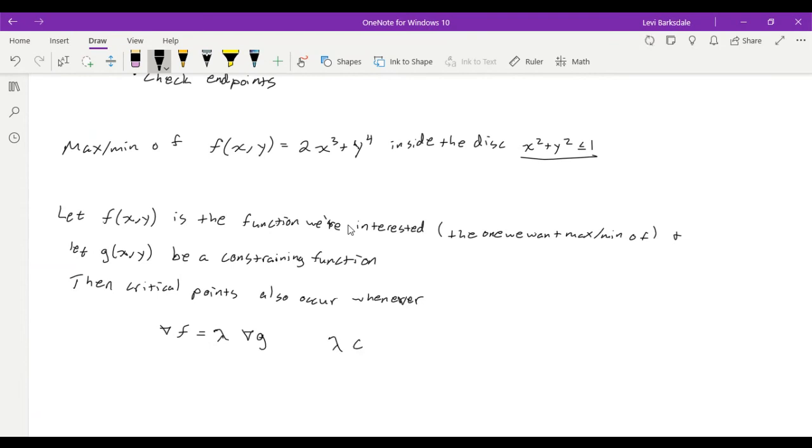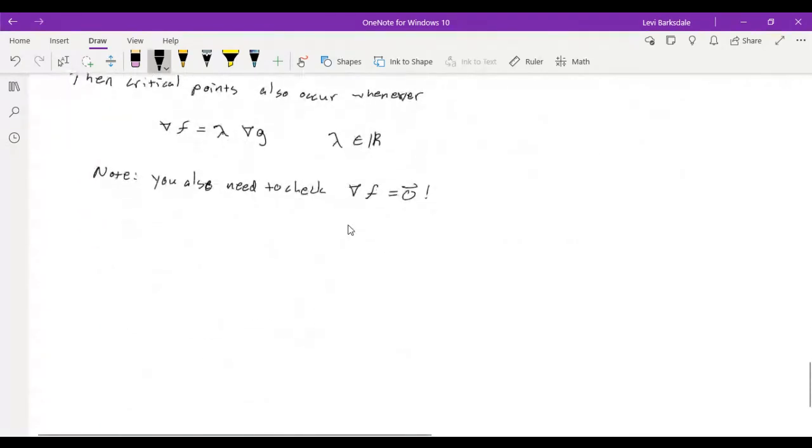And lambda can be any real number, so basically any constant. And note that you also need to check the normal critical points that occur where the gradient of f is equal to 0. That is also important to check.